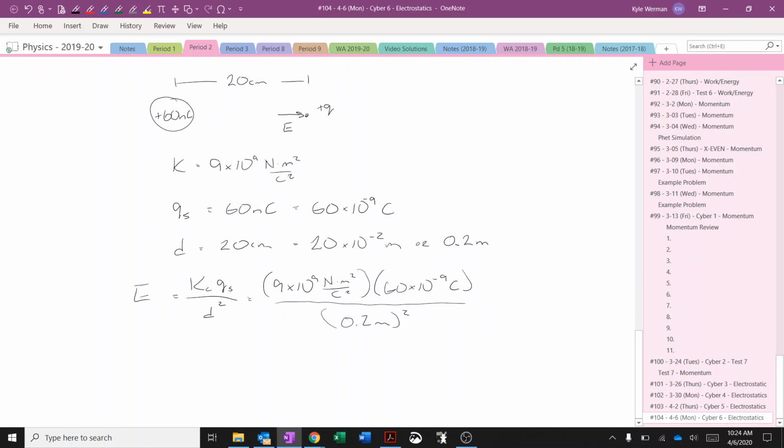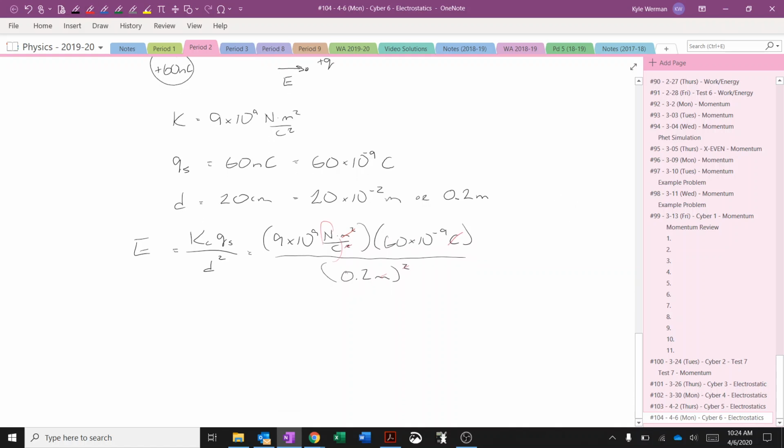If you look at the units, meters squared cancels with meters squared, and coulombs cancels one of those coulombs. We've got newtons per coulomb. And hopefully you guys got a value for E of 13,500 newtons per coulomb.